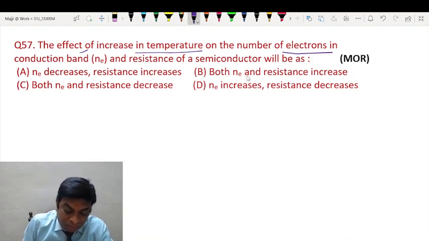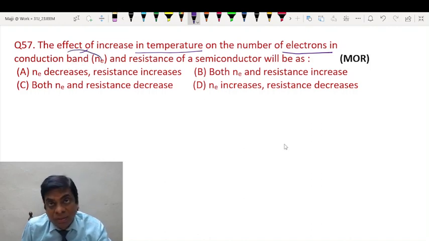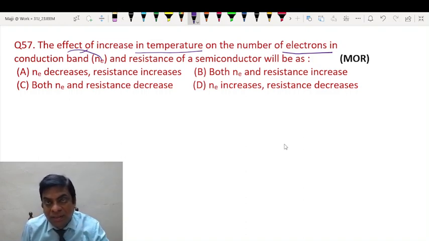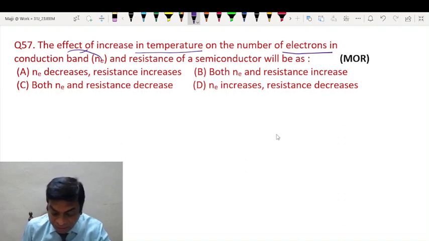So naturally, when we increase the temperature, the number of electrons in the conduction band will increase. More and more electrons from the valence band will be able to overcome the energy gap and reach the conduction band. So that is one thing.